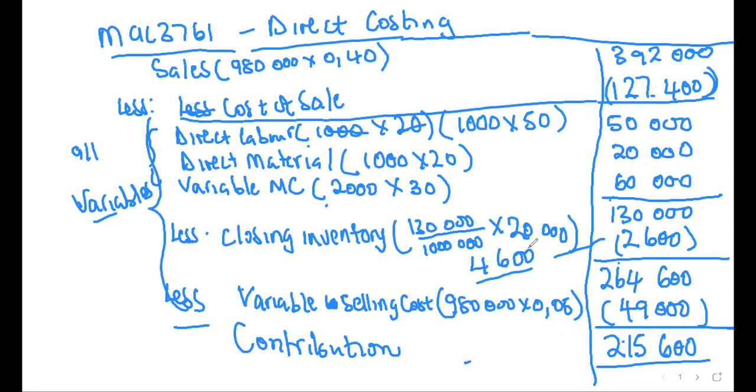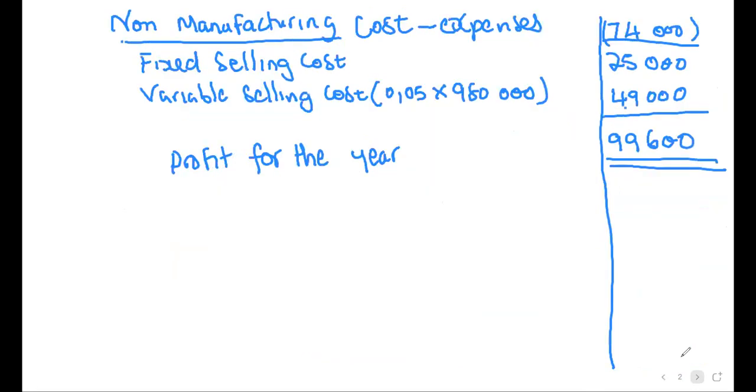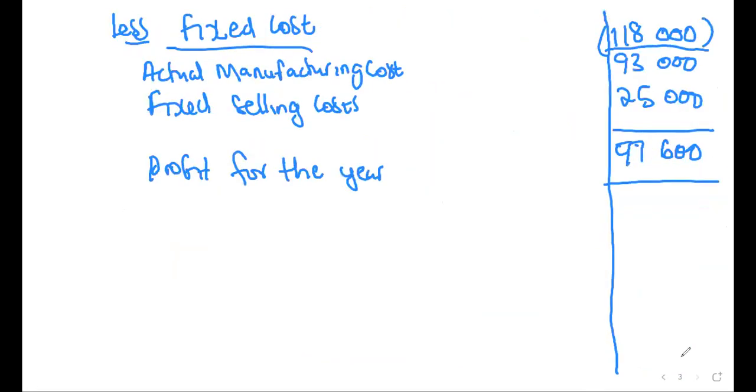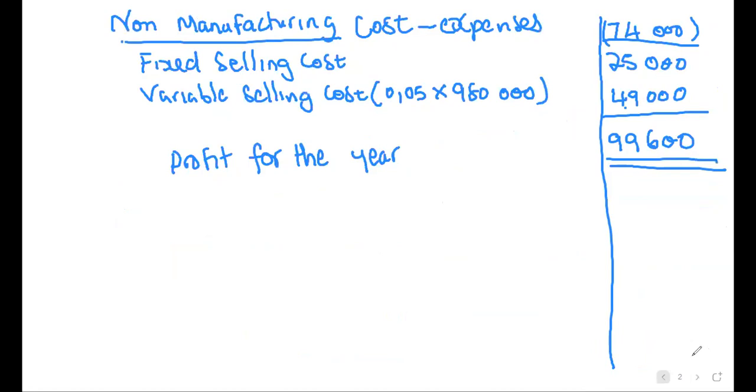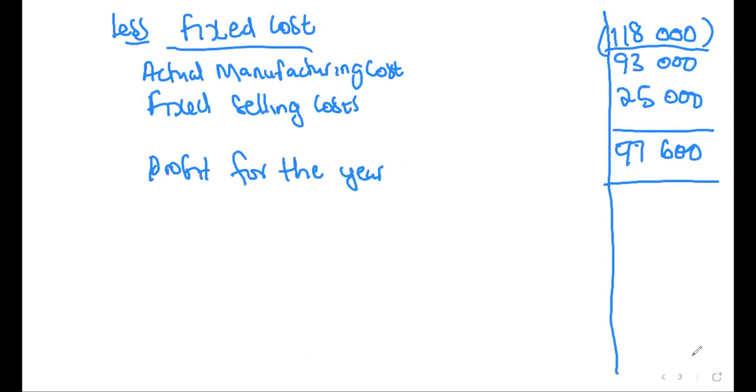So that's why the profit figures differ here. Let's check: 99,600 and 97,600.